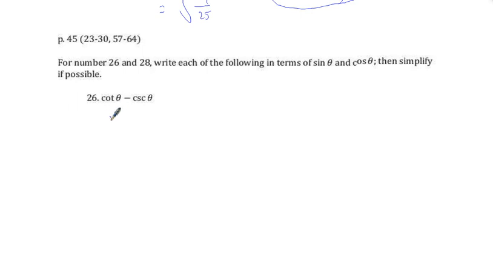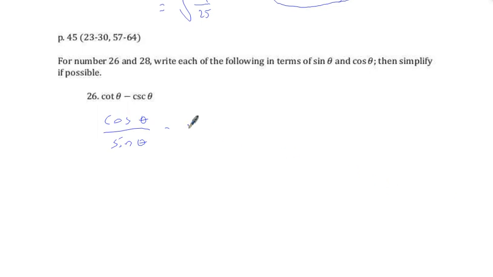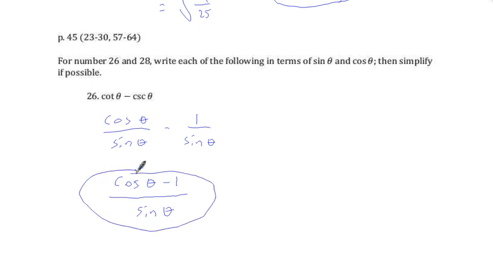Well, cotangent is cosine divided by sine, minus cosecant theta, which is 1 over sine theta. They ask us to simplify after we've rewritten if possible. Well, here, since the denominators are the same, we can do the subtraction and say cosine theta minus 1 all over the same denominator, sine theta, and this would be a completed problem.